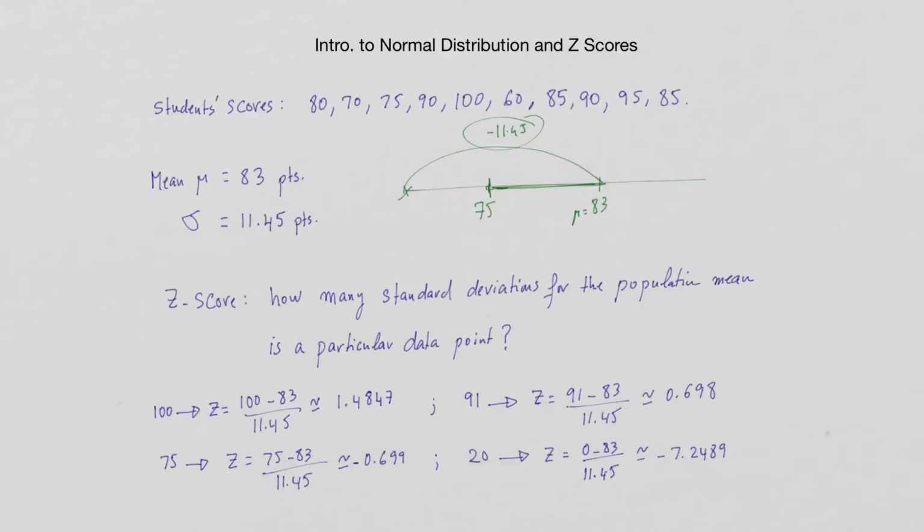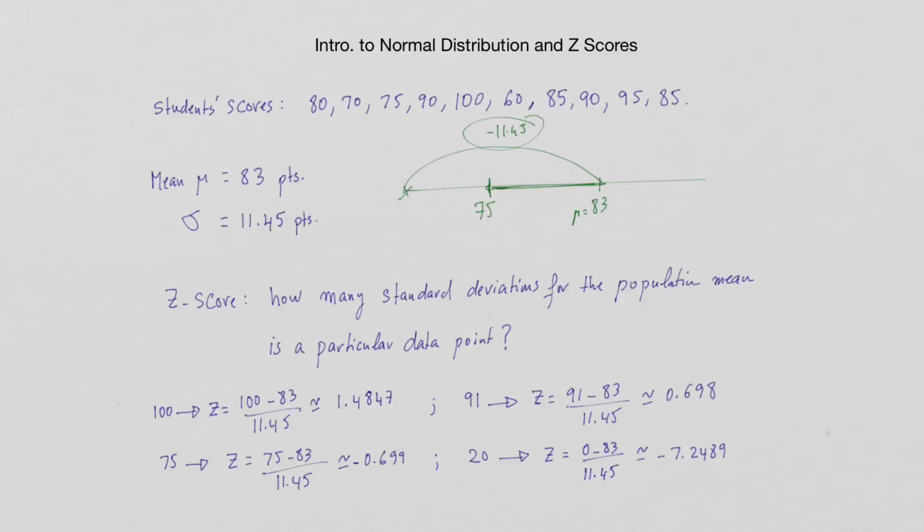How about 20? 20 is going to have to be a negative number for sure, right? So 0 minus 83 is negative 83, divided by 11.45 is negative 7.24. So obviously these are negative, obviously these are positive. Since 20 is so far away from 83 compared to the others, we knew the Z-score is going to be very negative. So it's negative 7 point something. There are more than 7 of those to go from 83 to 20.